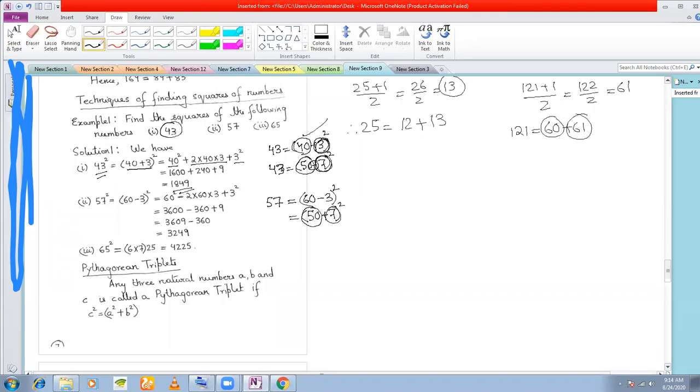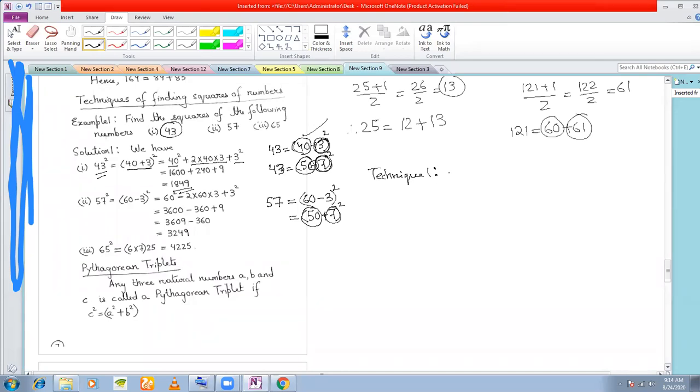Now, although I have shown you this technique, there are two techniques that I would like to show you to square any two-digit number. The first technique, technique number 1, which is not shown here, try to understand and try to practice if you can.